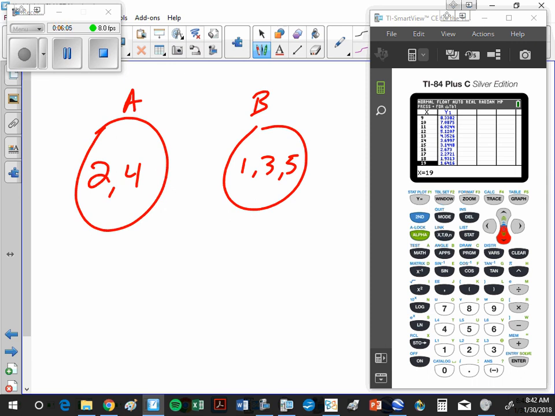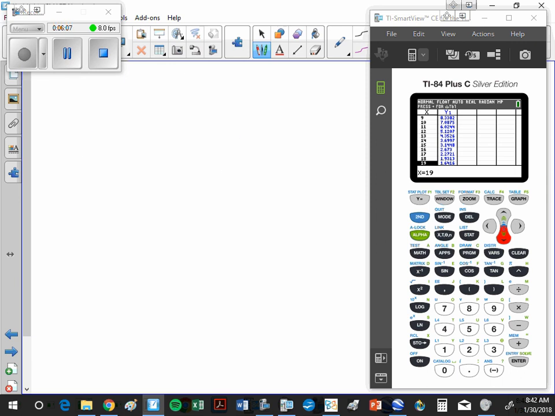Okay. Look down at exploration 3. In general, if event A and event B are disjoint, then what is the probability that A or B will happen? If A and B are disjoint, so here's A and here's B, how do we find the probability of A or B?